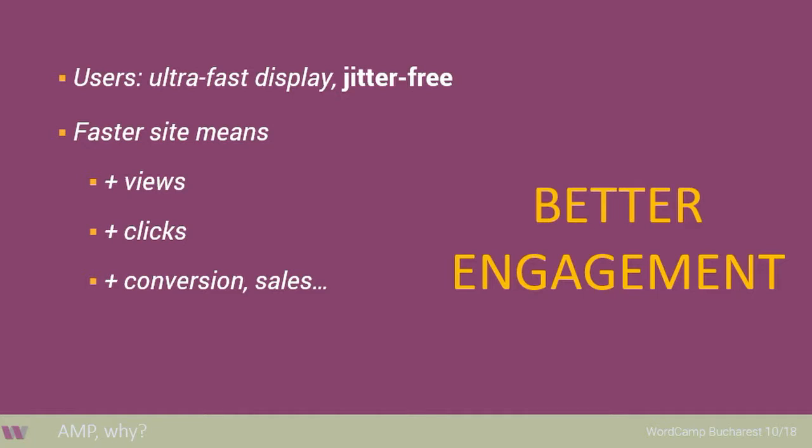But for you, a faster site means that you'll have better engagement. That is, people on fast websites are going to click more. They're going to be more willing to look at the next page on your site, to add products to cart, and to subscribe to your newsletter. So that's what you get with AMP.